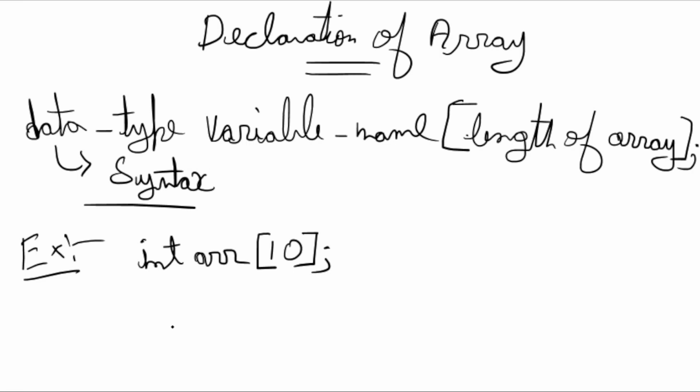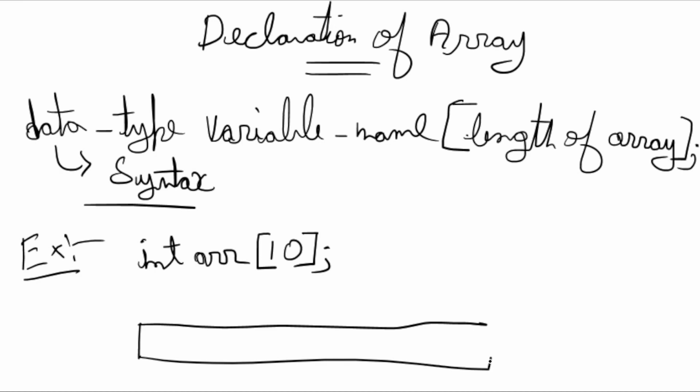So how would we apply this? Just make a box. I'll take 10 boxes: 1 box, 2, 3, 4, 5, 6, 7, 8, 9 and 10. So I'm taking the array size as 10.